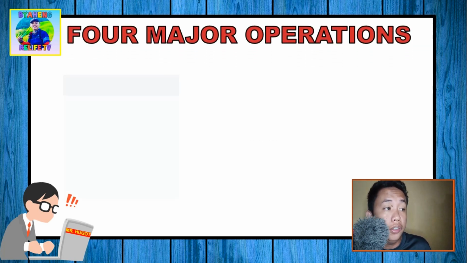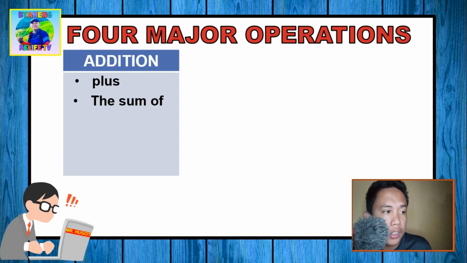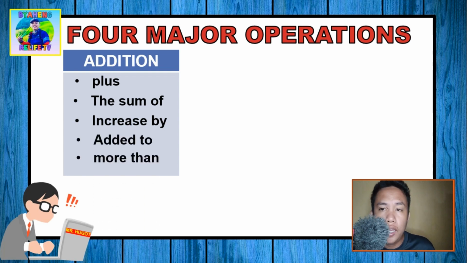We start with addition. The words that we are trying to deal with guys, yung keywords natin, we have the word plus, the sum of, increase by, added to, and the word more than. Guys, when we're trying to deal with the word plus, sum, increase by, sa addition po, walang problema.